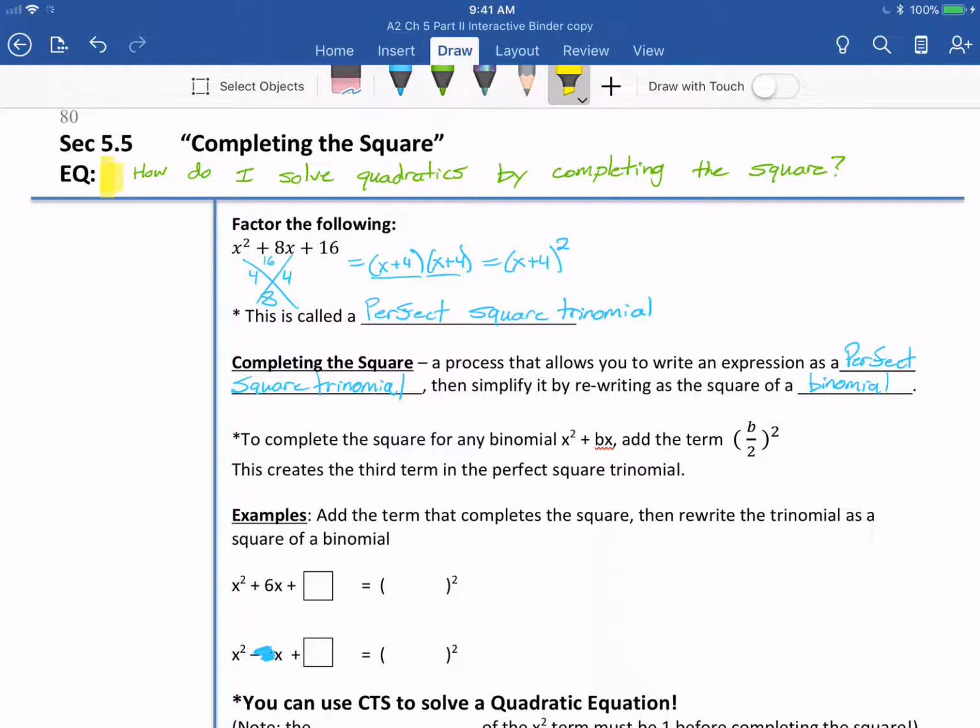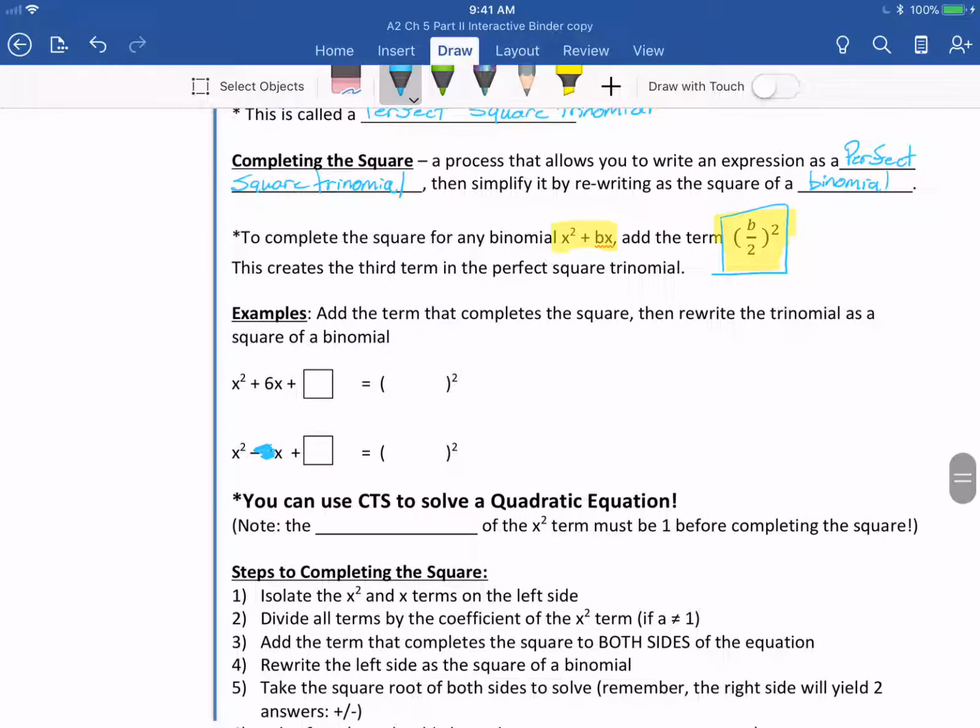But the key thing here, grab out your highlighter, is that to complete the square of x squared plus bx, you have to add this term b over 2 squared. Maybe put that in the box, because that's what we're going to put in the box here today. That b over 2 squared is that little tiny snippet of an equation that you're going to have to remember. You're going to have to know.